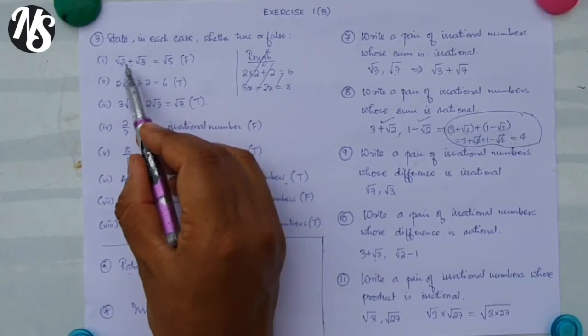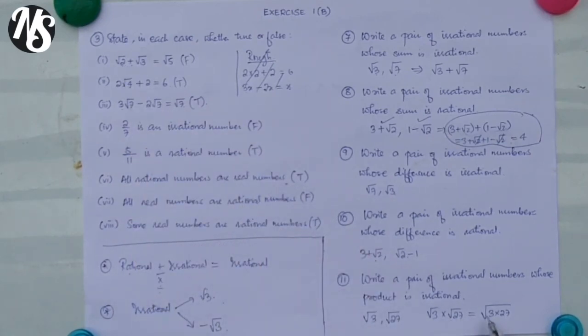Remember, we cannot write this if there is a plus. So when you multiply these two, how much do we get? 3 into 27 is 81. So square root of 81 is how much? It is 9. See? I'm sorry.